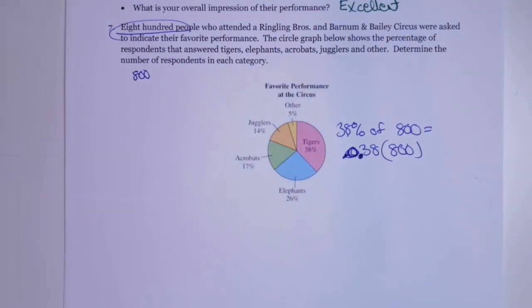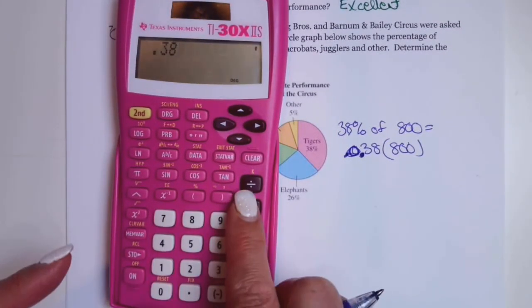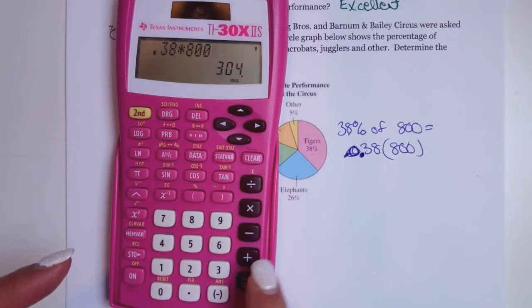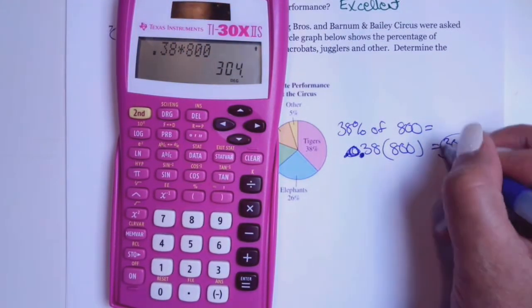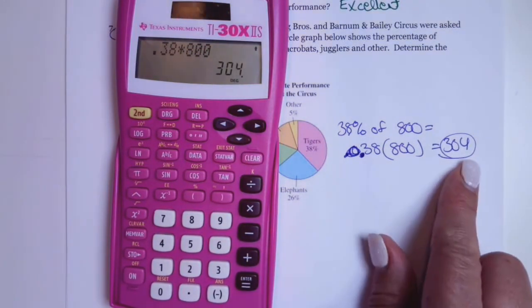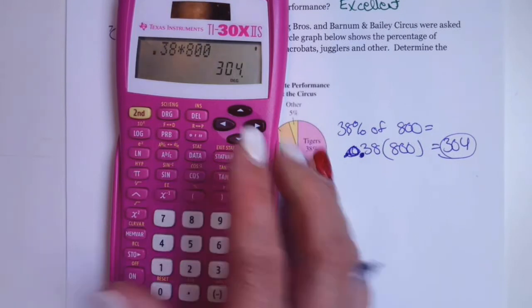Where's my calculator? Here we go. 0.38 times 800 is 304. So 304 out of those 800 thought tigers were the best.